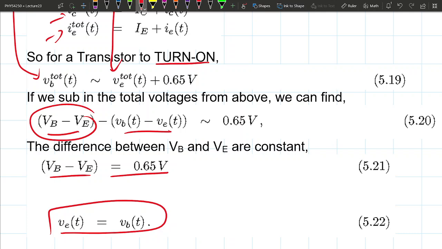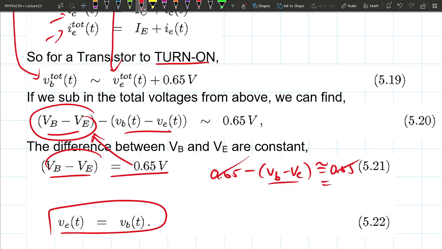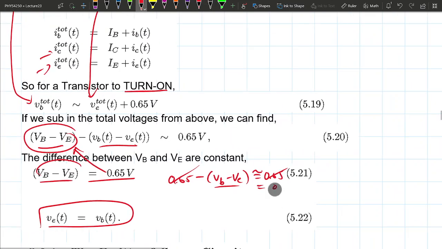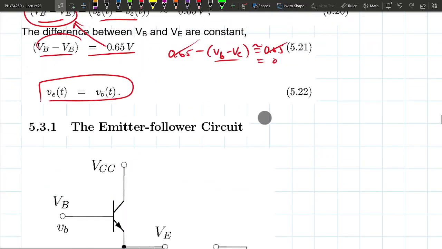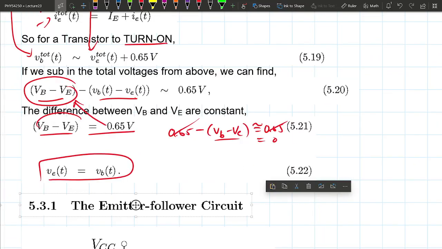That's just solving this equation by plugging this in here. 0.65 equals V sub B minus V sub E, and I'm going to do a lowercase also. Technically, with a little delta, the constant part goes away, so this has to be equal to 0. That means these two things have to equal each other. This little algebra is the result we're trying to get out of this. This was the last 10 minutes of our life.